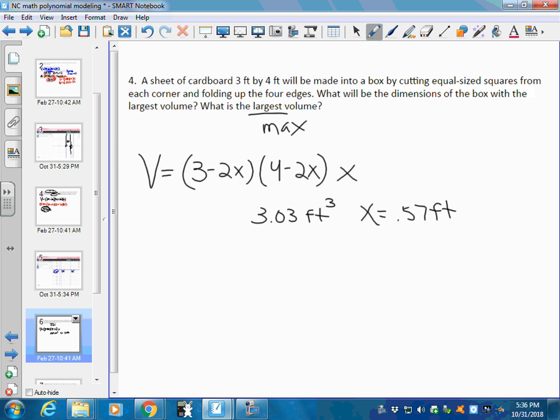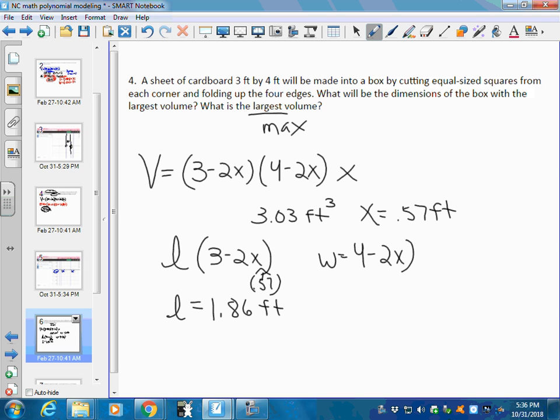I got feet cubed on that, excuse me. That was volume. So my length I got to find, so I got 3 minus 2x. So I'm going to plug in 0.57 there for x. And I got my length is 1.86 feet. My width, I'm going to take 4 minus 2x.